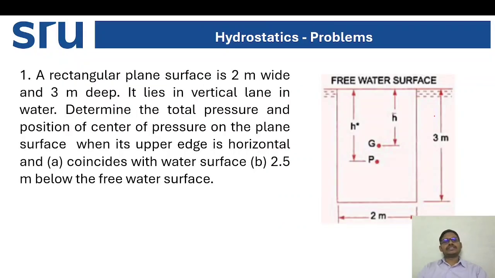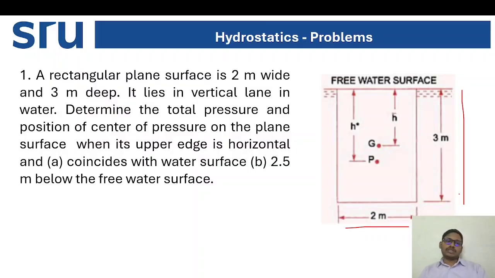Now we will see one kind of problem. A rectangular plane surface is 2 meters wide and 3 meters deep. You see here it is 2 meters wide and 3 meters depth. It lies in a vertical plane in water.